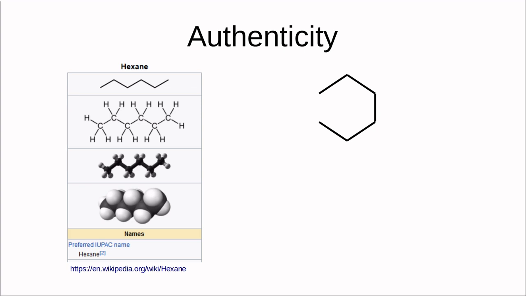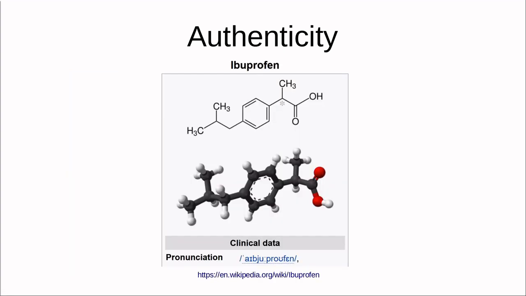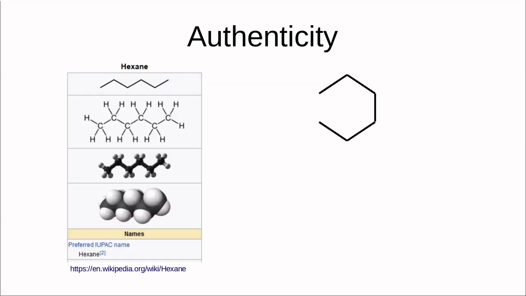You end up with almost a hexagon. Technically, there's nothing wrong with drawing it like I have on the right, but it's just not a common way of doing things. So usually it's a zigzag pattern like the hexane is shown on the left. You also note that this structure doesn't have the CH3s that the ibuprofen had. So yeah, both ways are valid, and I'm just going to go with the simple one of not showing any C's.